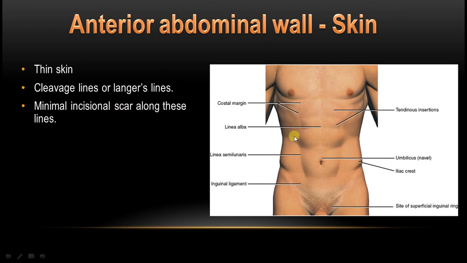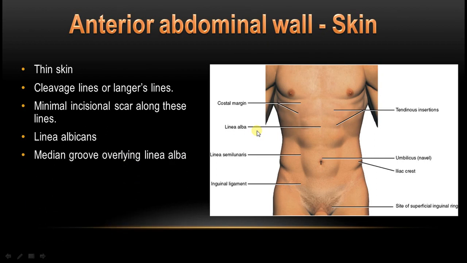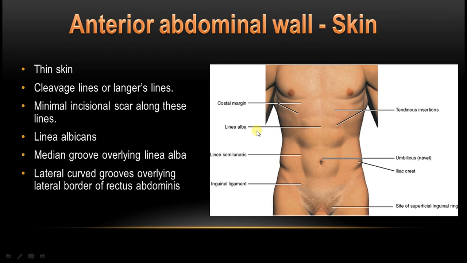Here you are able to see a groove anteriorly overlying the linea alba. Then what is linea albicans? A median groove which is overlying the linea alba. Then you also see lateral curved grooves, representing the linea semilunaris on the surface.